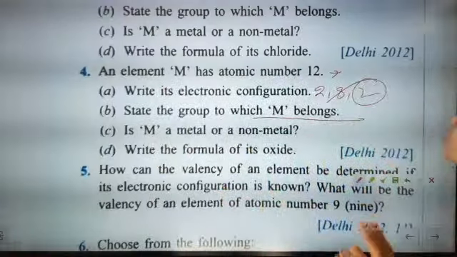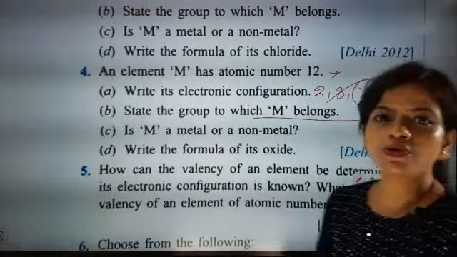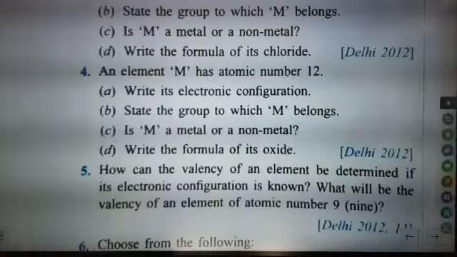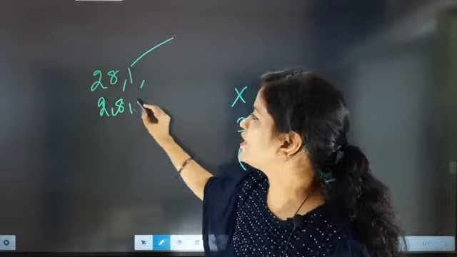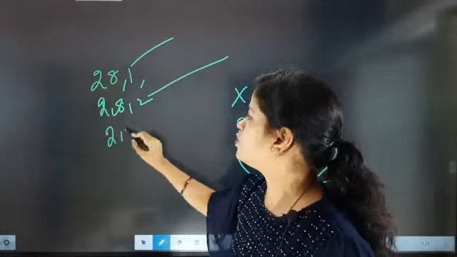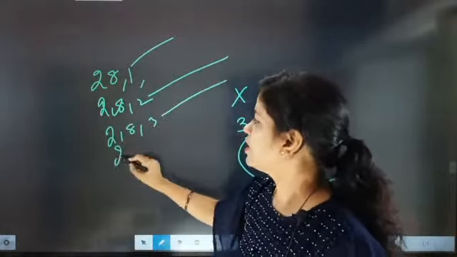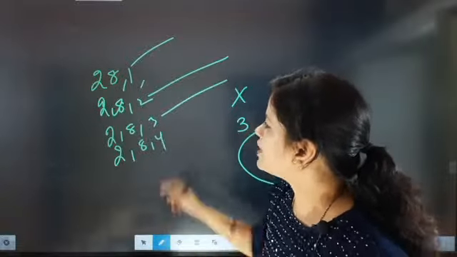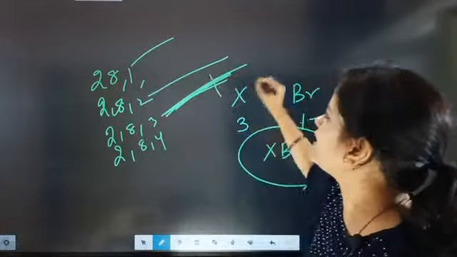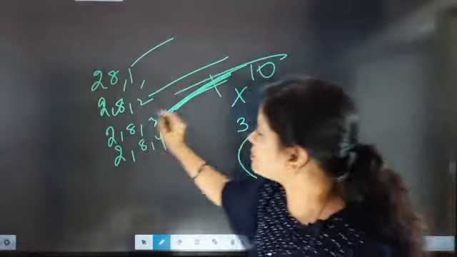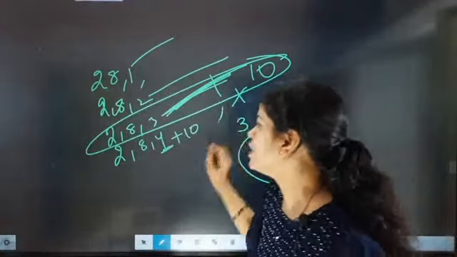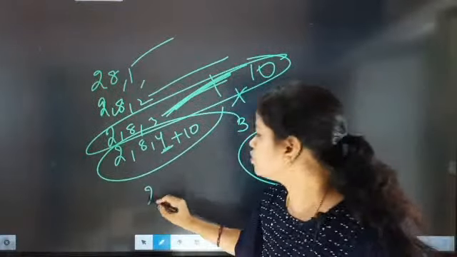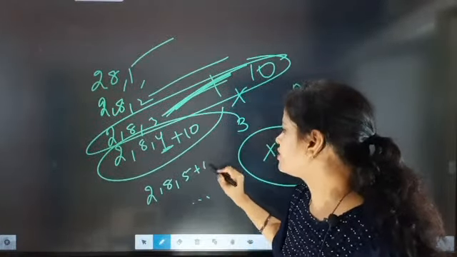When we read configurations like 2, 8, 1, that is group 1; 2, 8, 2 is group 2. For 2, 8, 3 the moment you go beyond, 10 is added, so it is group 13. 2, 8, 4: 4 plus 10, group 14. 2, 8, 5: group 15.